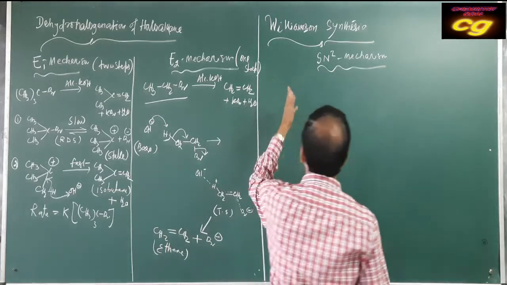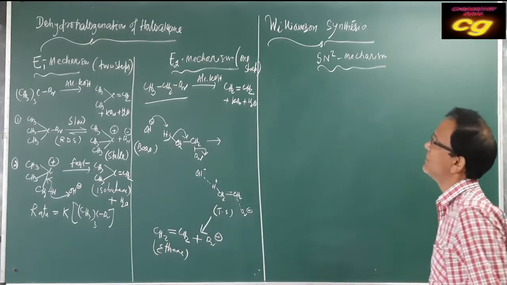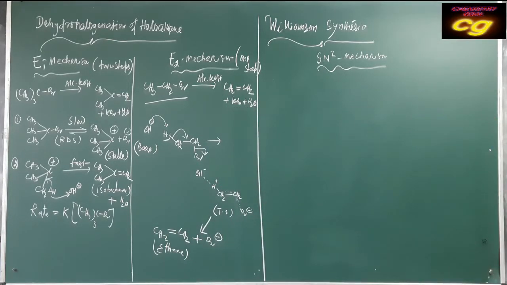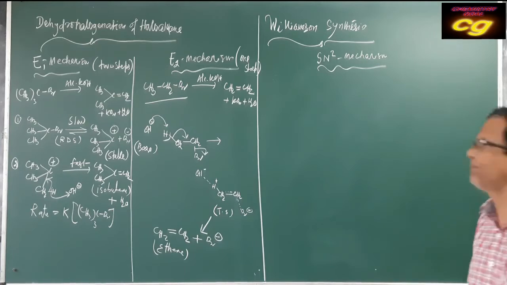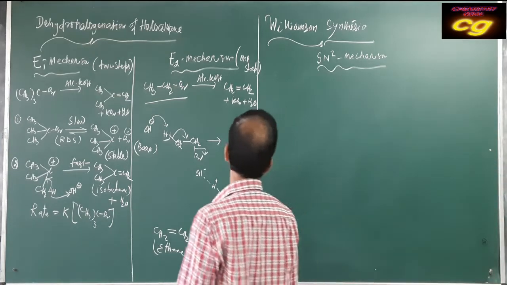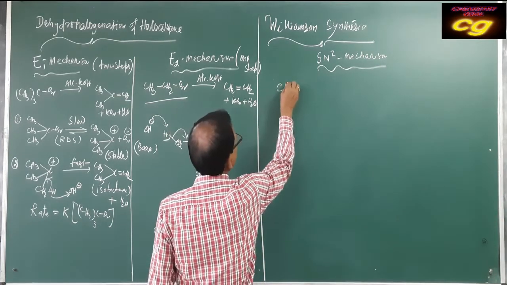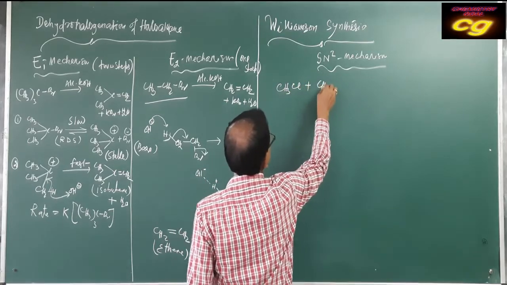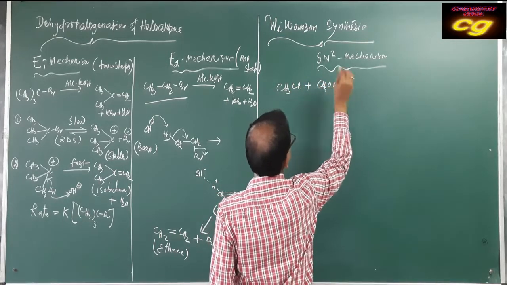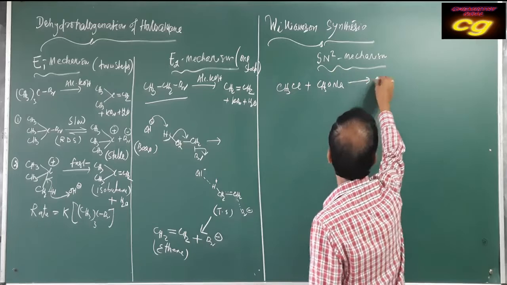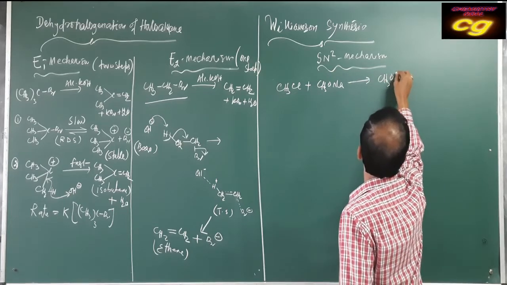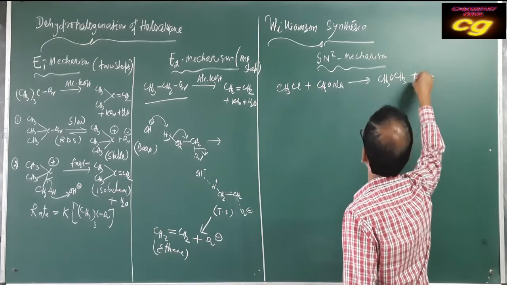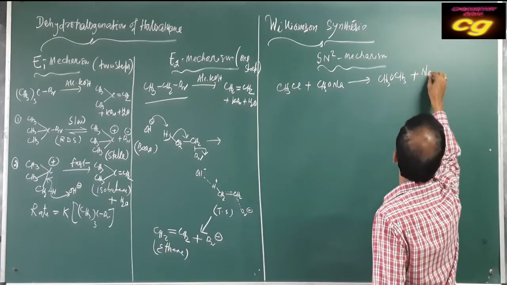Then another important example, nucleophilic substitution reaction, that is Williamson synthesis, mainly SN2 mechanism. Here what happens? Let us take CH3Cl plus CH3ONa, formation of CH3OCH3 plus NaCl.